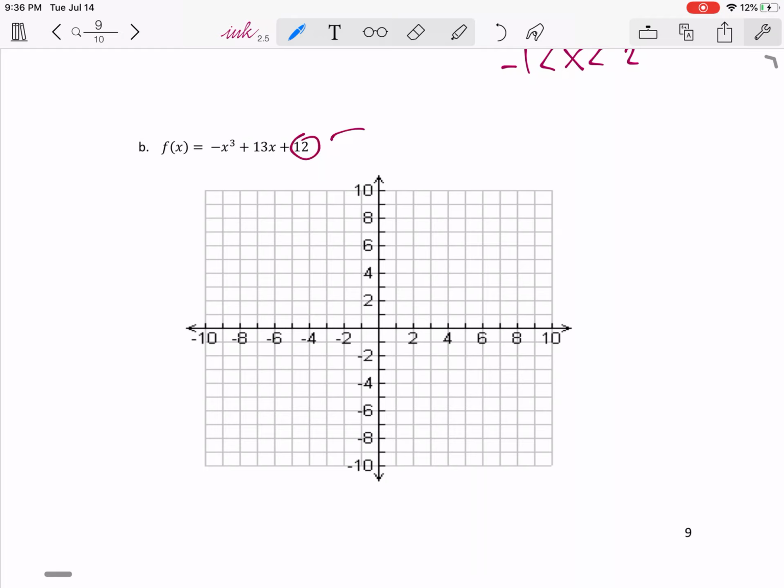You've got 1, 2, 3, 4, 6, and 12. So those are the factors. Remember, some of these can be positive or negative. So those are the factors of 12.